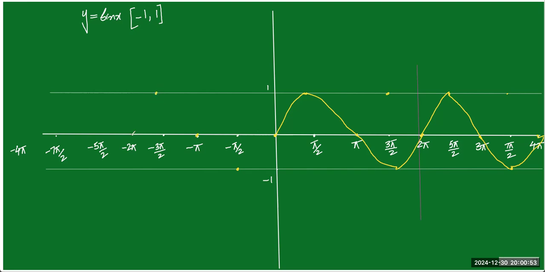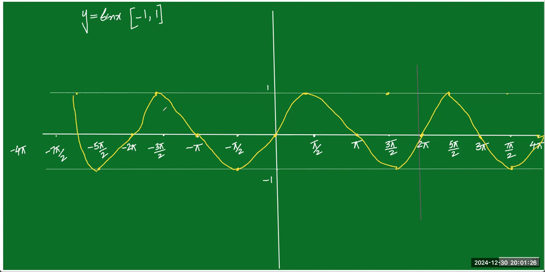Then minus 2 pi will be 0. Then minus 5 pi by 2 will be again minus 1. Then after that 3 pi will come, that is 0. Let me join it to understand this. Only the positive curve is also enough, but I want to tell you in detail. So this is your curve.